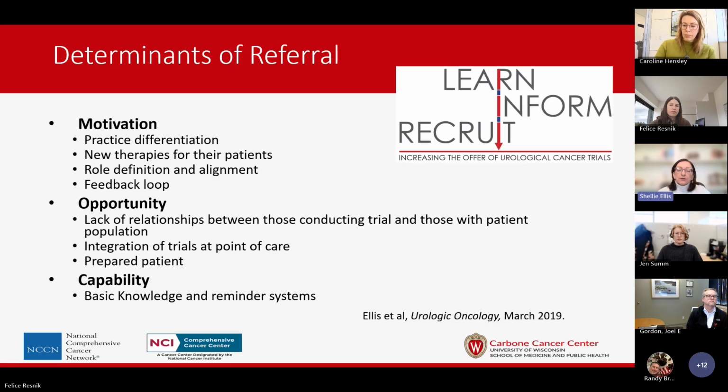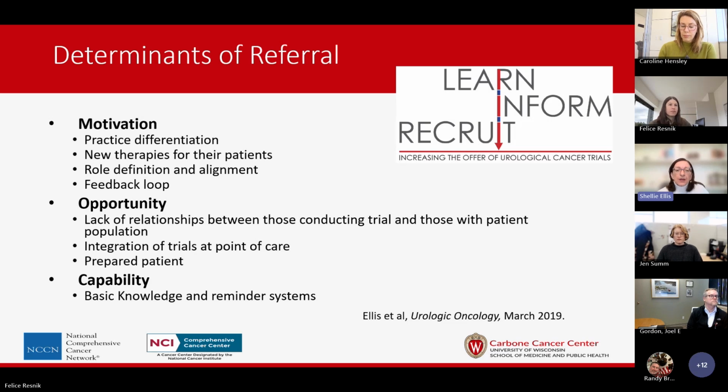For these particular urologists, they actually were interested and excited about offering clinical trials to their patients. They saw it as a way to differentiate their practices and have them stand out among other community urology practices. They were excited about opportunities to offer something to their patients, new therapies that they possibly didn't have at their disposal.